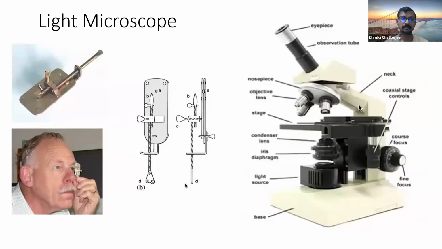Now, before that, you have been given, very justifiably so, an introduction or an overview of the microscopic techniques that has made possible the investigation of cells. That has made possible cell biology in the first place.